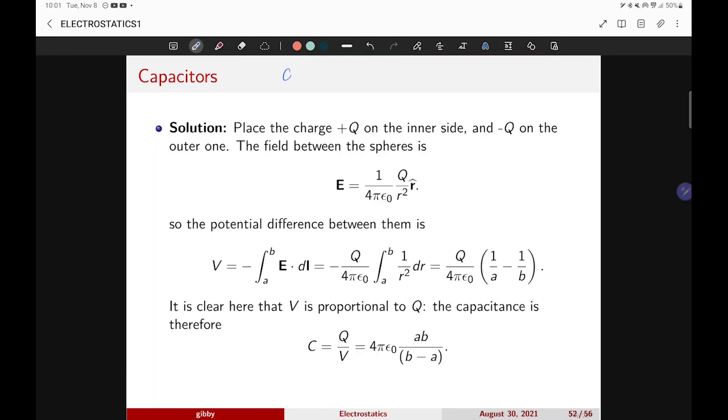So, ang question niya is kani, find the capacitance of two concentric spherical metal shells with radii A and B.